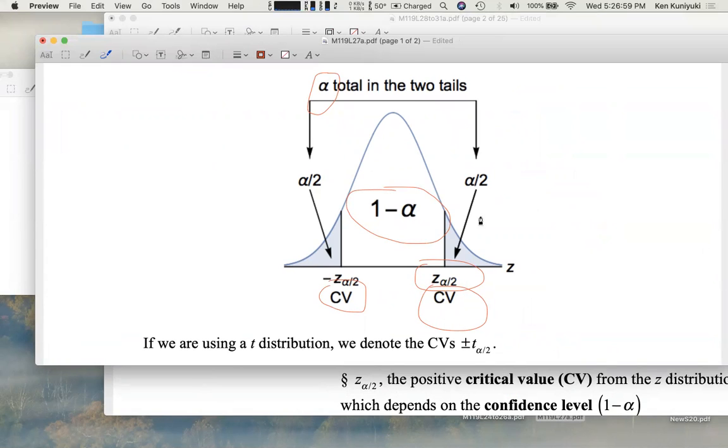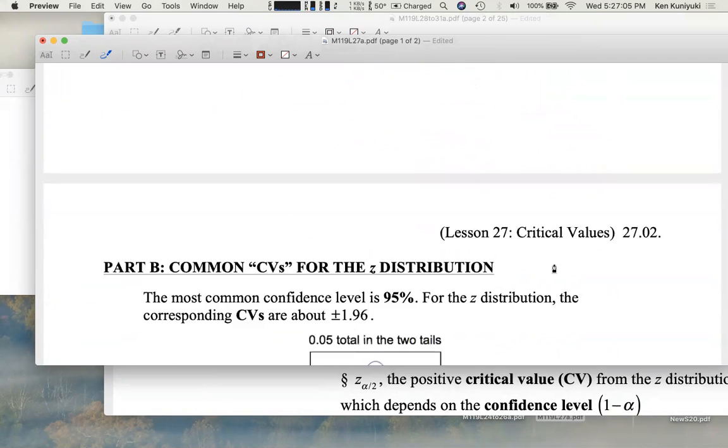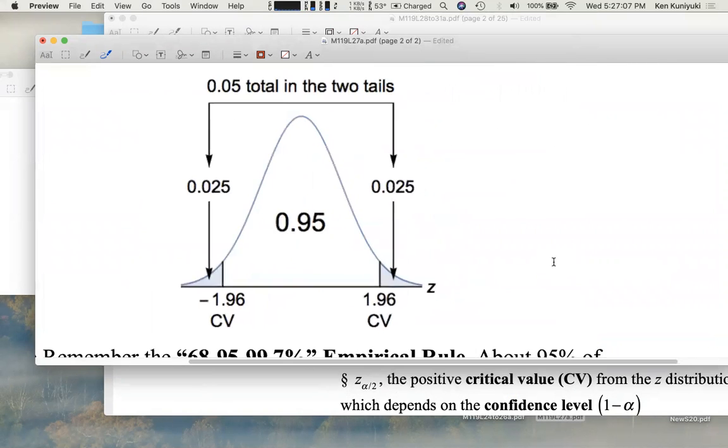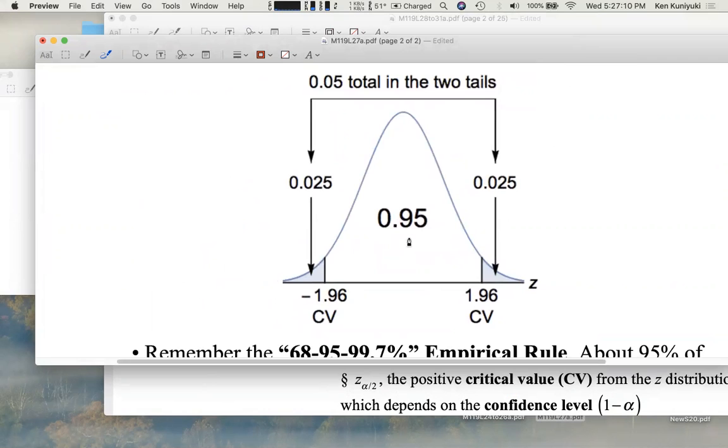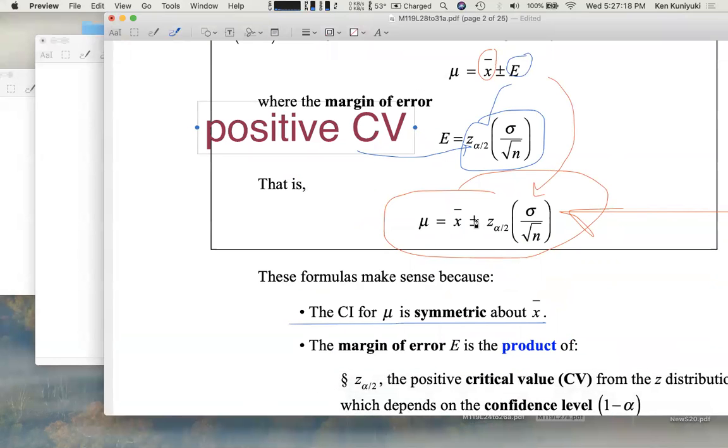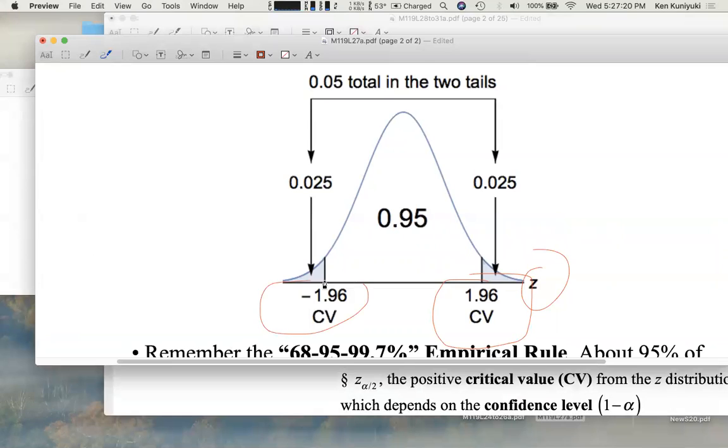If you want alpha total in the two tails, we split the alpha up into halves by symmetry. For a 95% confidence interval, anytime we want a 95% confidence interval where z is involved, we're going to want 1.96 as our positive critical value. And the plus or minus in this formula also automatically picks up the negative 1.96, the other critical value.